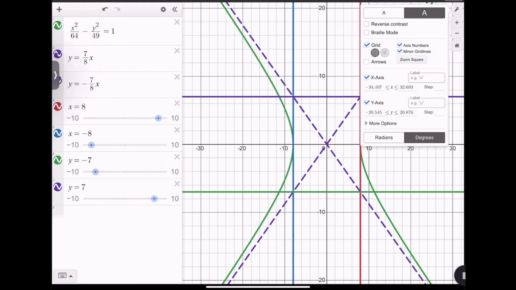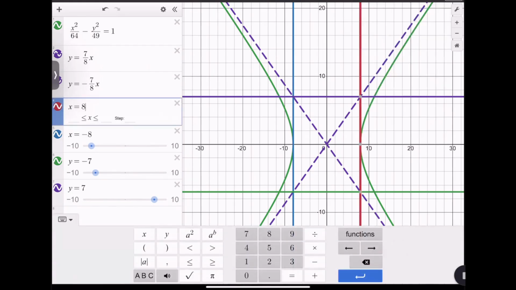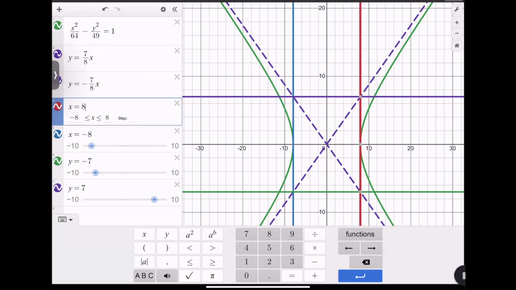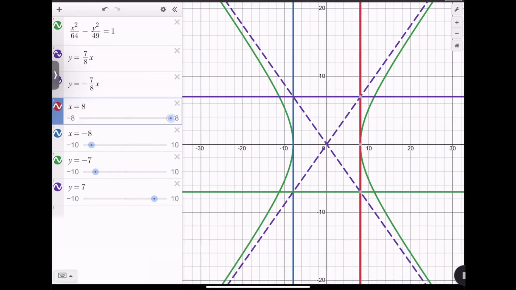In here or here. Oh, right here you're talking about. Oh, sorry. This should be 8 and -8. It just changes this. I can't remember what it was.